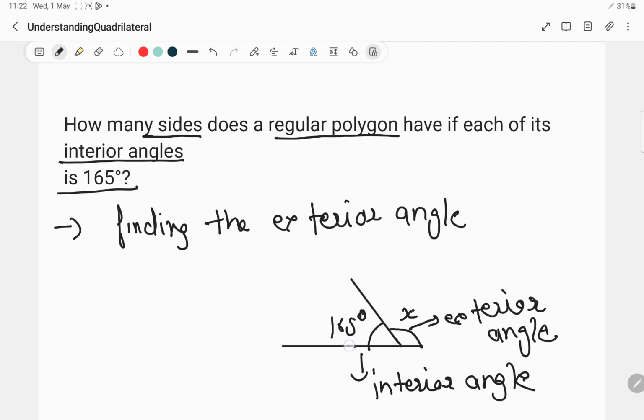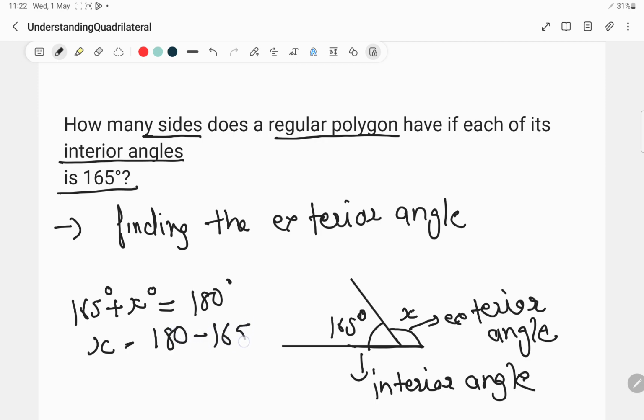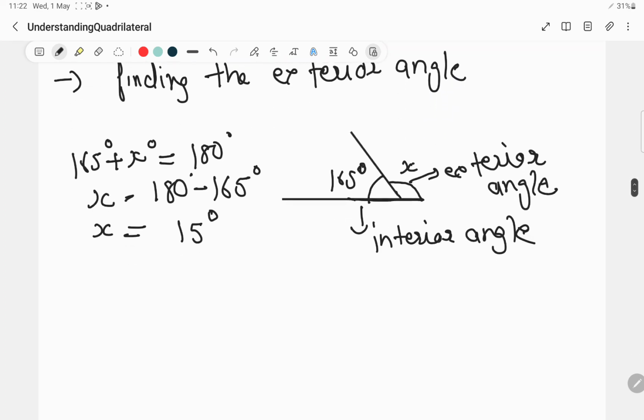We know that this forms a linear pair, and the sum of linear angles is equal to 180 degrees. So 165 degrees plus x degrees is equal to 180 degrees. So x will be equal to 180 degrees minus 165 degrees, which is 15 degrees. Now we have the exterior angle. Putting this value in the formula, that is 360 degrees upon 15 degrees, what will our answer be?